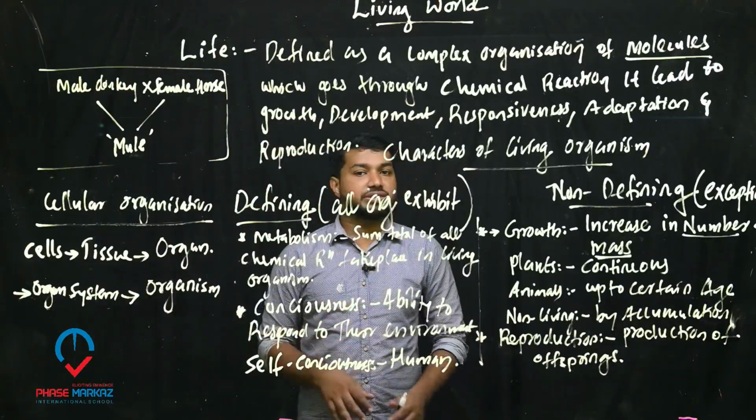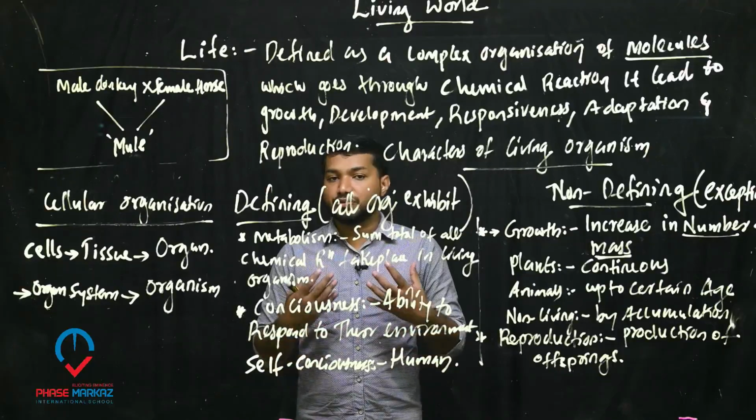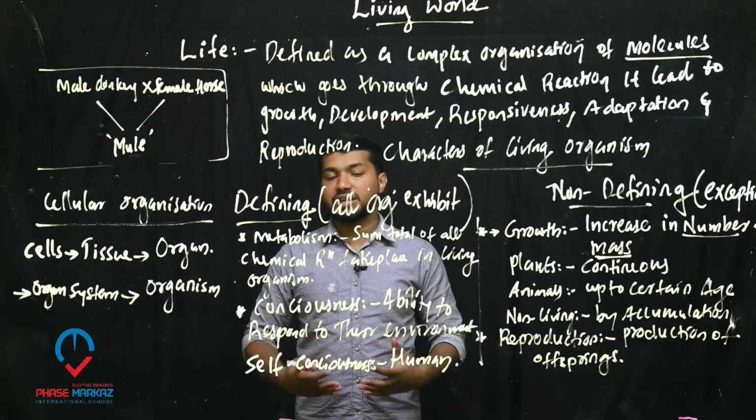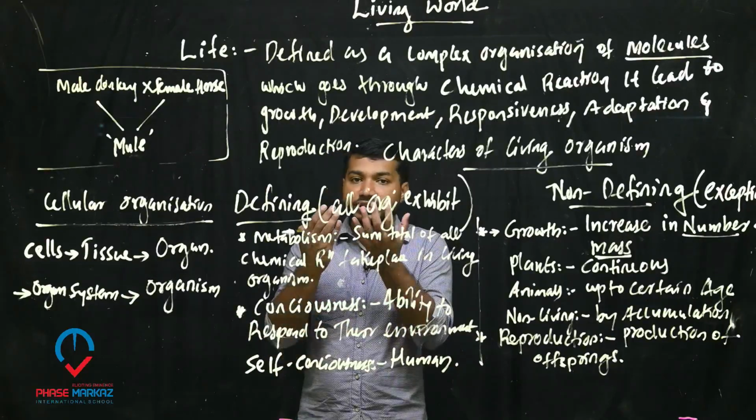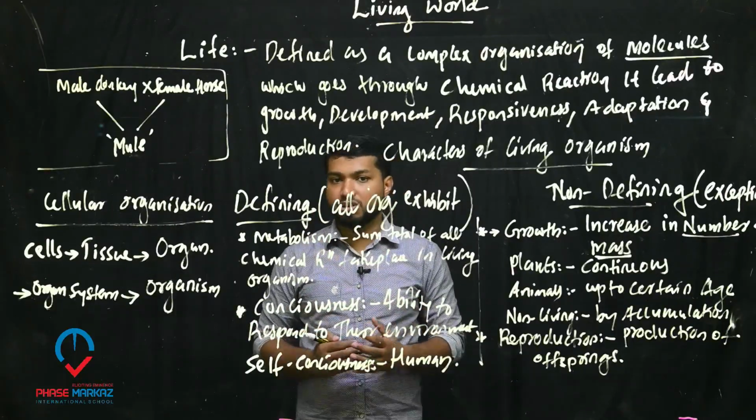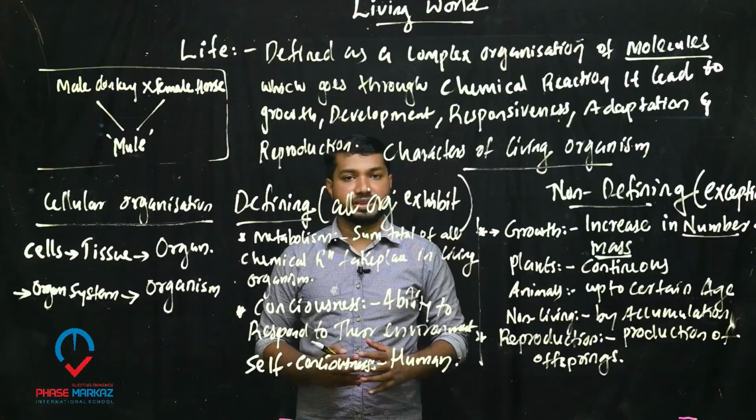For example, the digestive system: our buccal cavity, esophagus, stomach, small intestine, large intestine and the surrounding glands, everything together we call a digestive system.